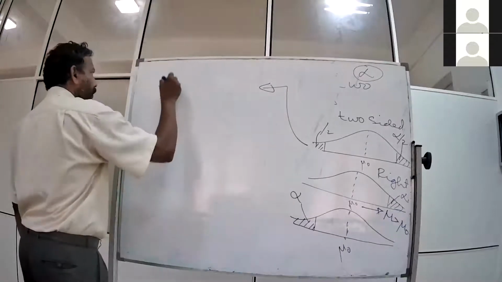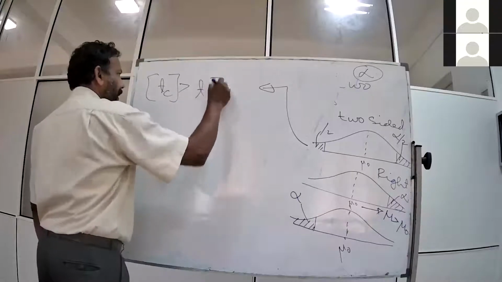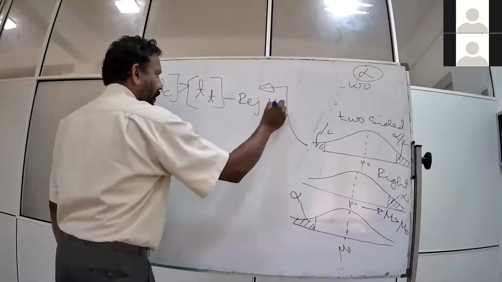If the calculated value is greater than the table value, we reject our null hypothesis.